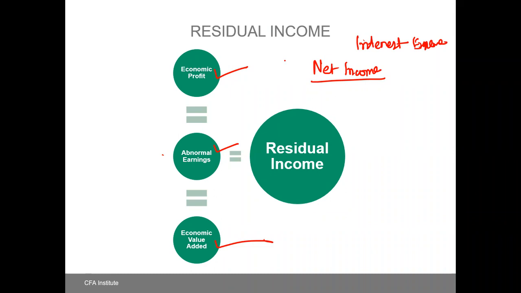Yes. But if I ask a follow-up question, does the net income account for expenses to be paid to the equity holders? Equity does not come free of cost, right? Equity comes at some cost. But the question is, does net income account for the cost to be paid to the equity holders?